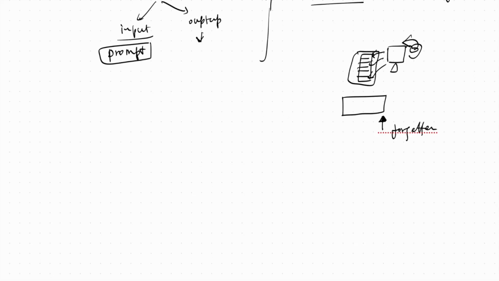Let's take an example. For old models or small models, this context window is around 4,000 tokens.